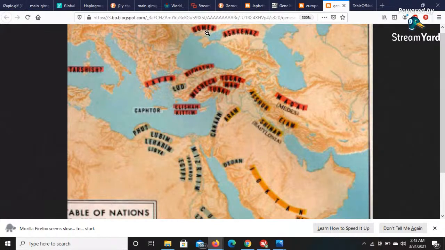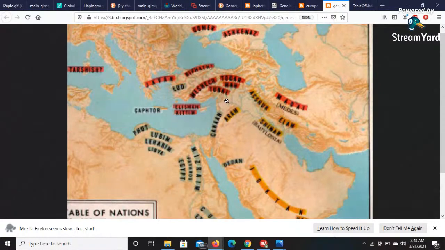Yeah, this is going to be hard. Not going to be able to match these up very well because Japheth went north, but then he went. The only two groups I can see here are the R and the Q, which could be any one of these.